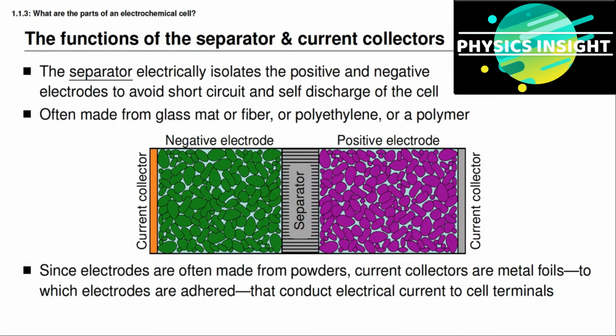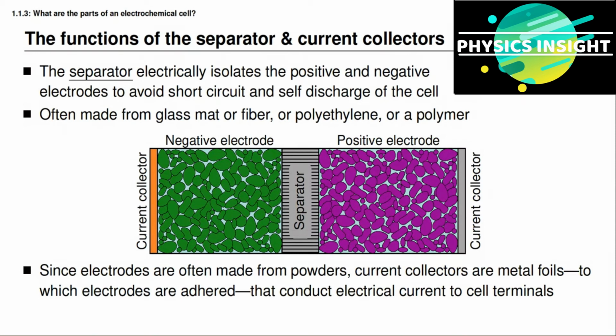And this is a convention that I will use in my illustrations, and the coloring is primarily for illustrative purposes. But it does turn out that lithium-ion battery cells have negative electrode current collectors that are almost always made from a copper foil, and copper is orange, and lithium-ion battery cells very often have positive electrode current collectors that are made from aluminum, and aluminum is kind of a silver or gray color.